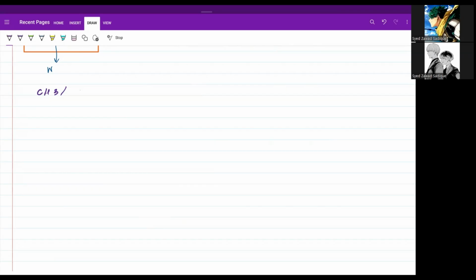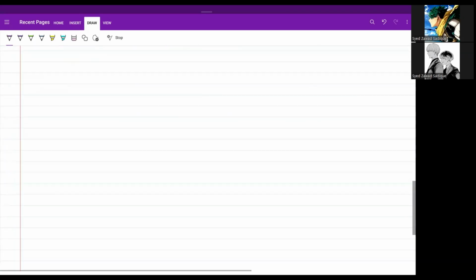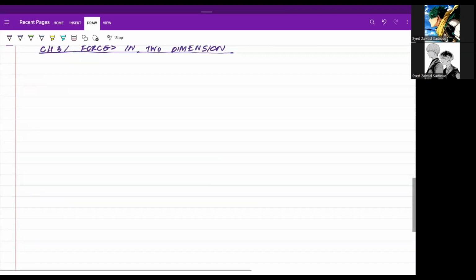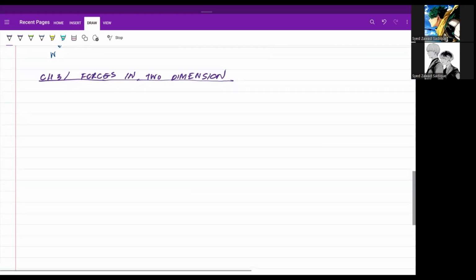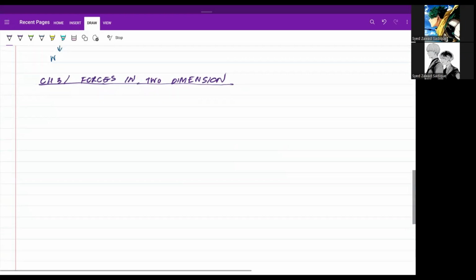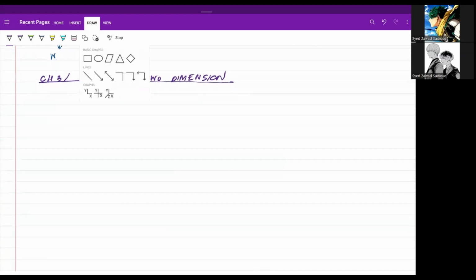So it's forces in two dimensions. Excuse me, because there are going to be a few drawings in this one. I might draw well, might draw badly, who knows.